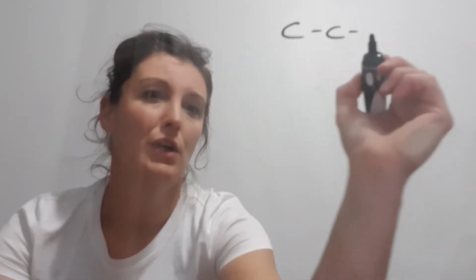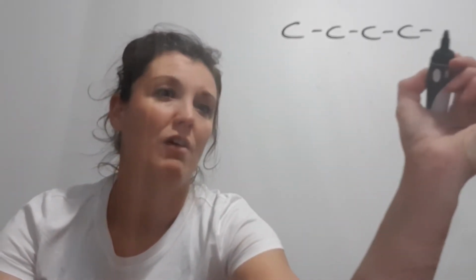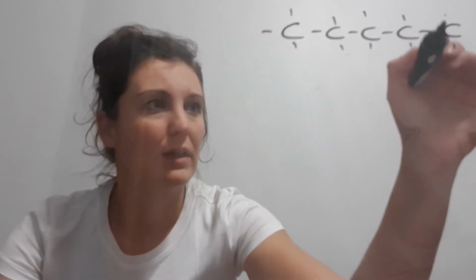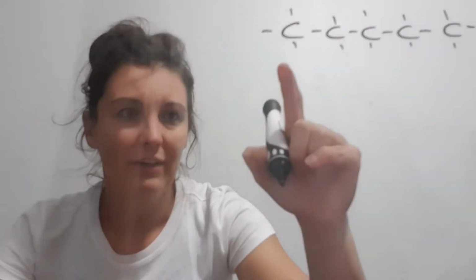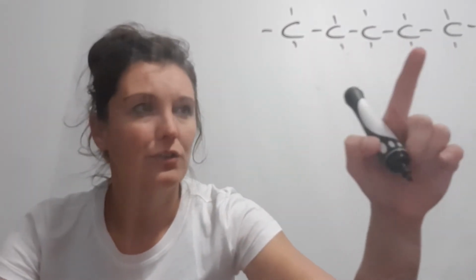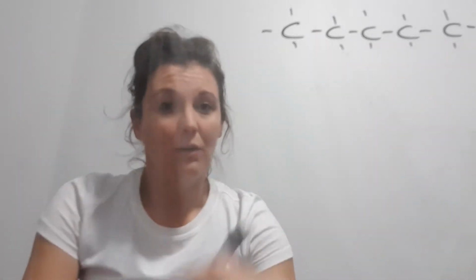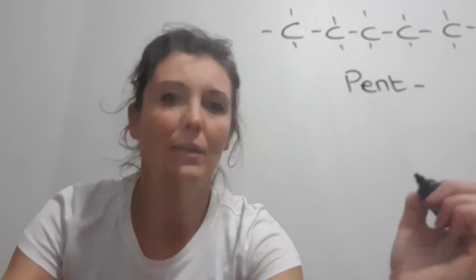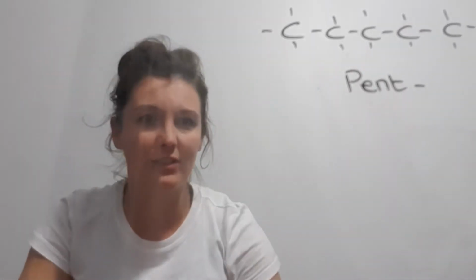If we have a family of 1, 2, 3, 4, 5, and each of them is connected to H's that I won't draw now because it's going to take too long, it's not bute anymore, but now it becomes pent. We call it pent something, pent and the surname of the family.